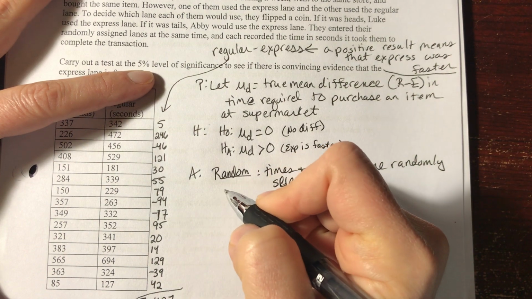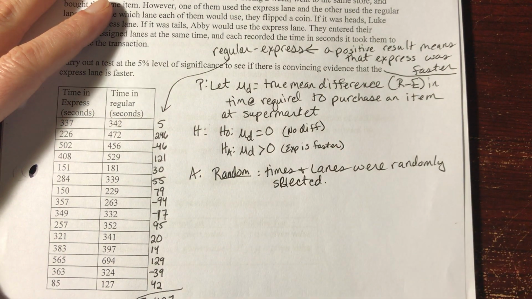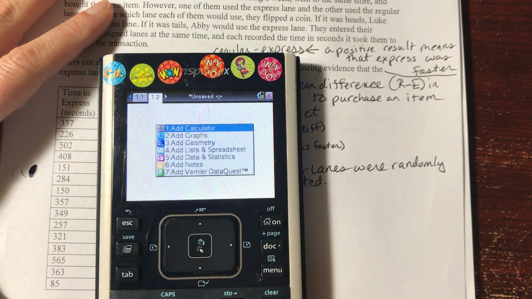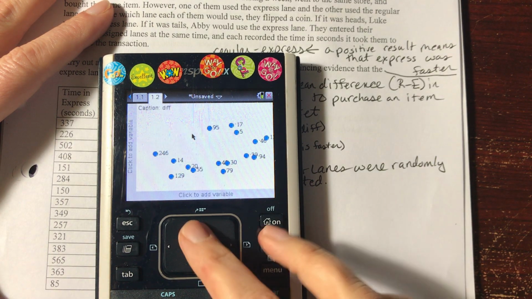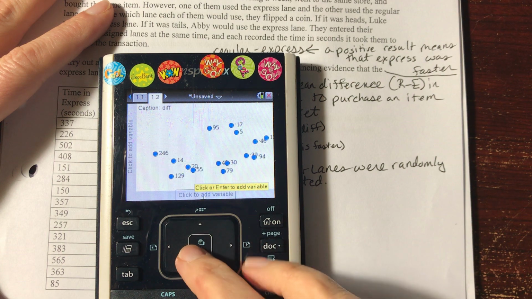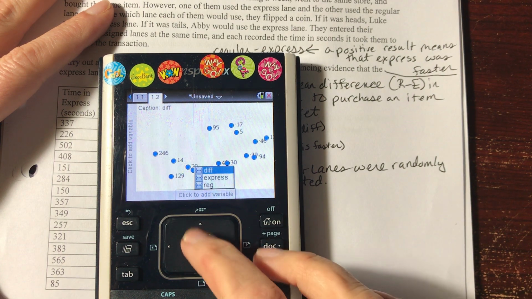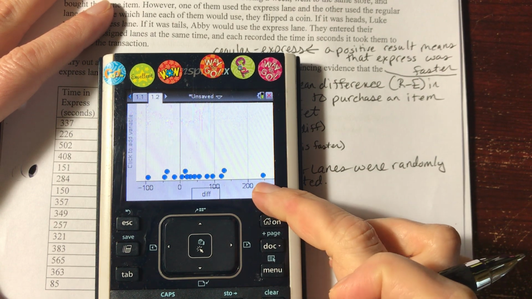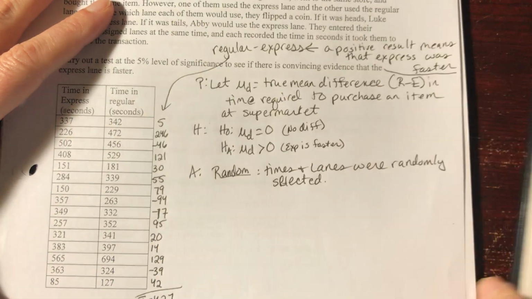Okay, we're going to have normal. We need to graph our data. And if we graph our data, all right, there's no skewness. Perhaps we have one outlier, but we don't have any strong skewness.